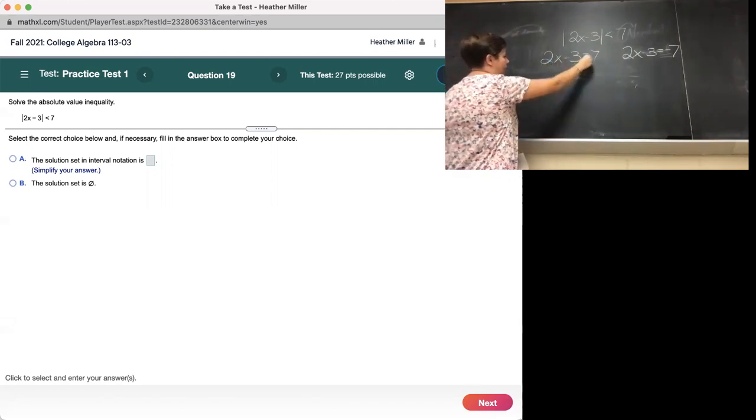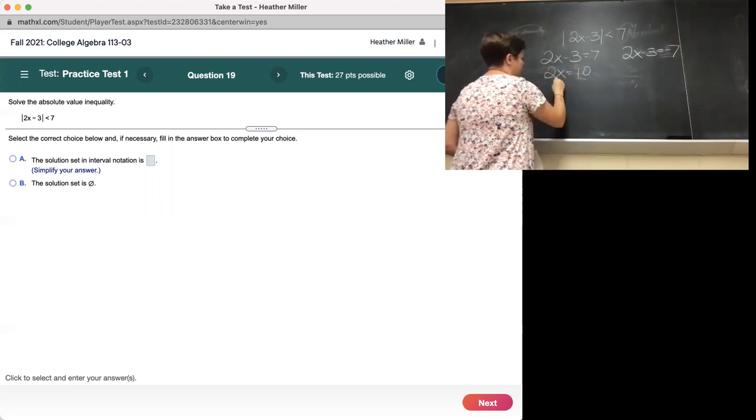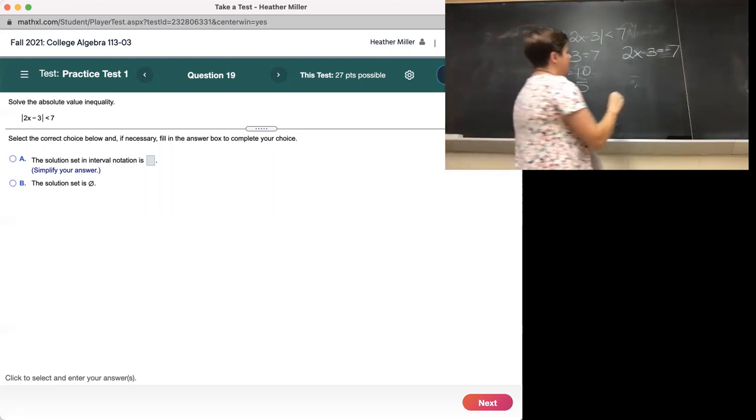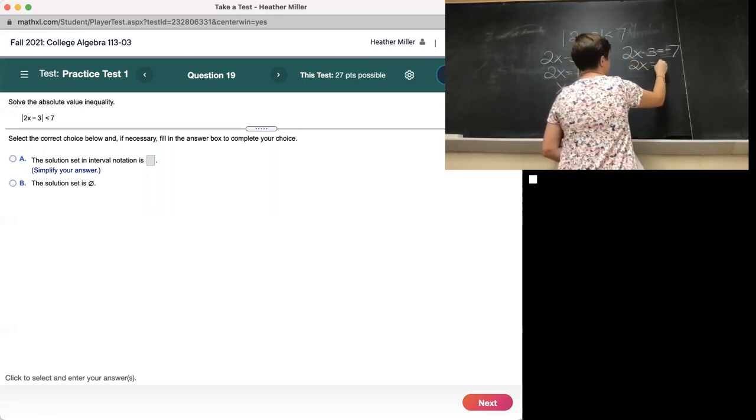So we add the 3, divide by 2. And then we add the 3 and divide by 2.